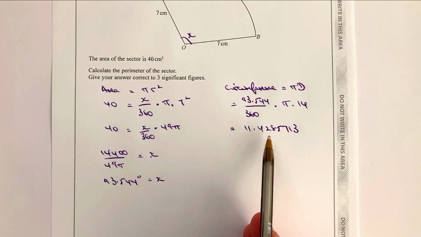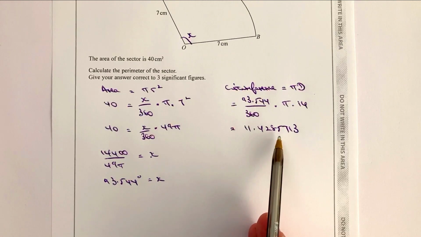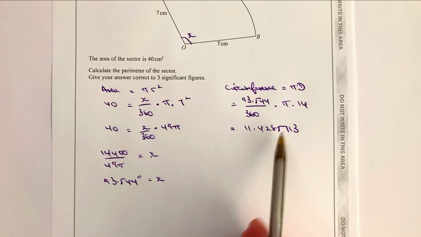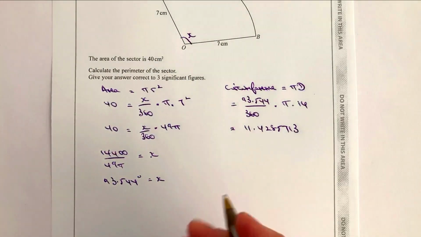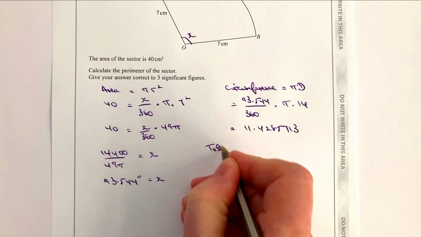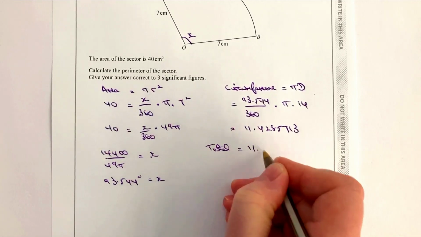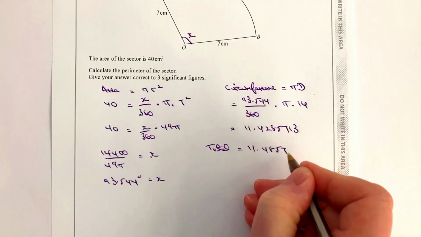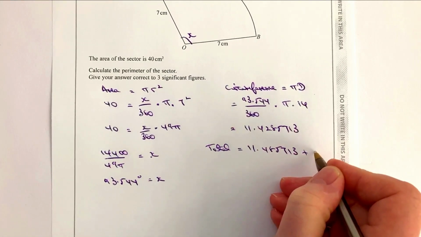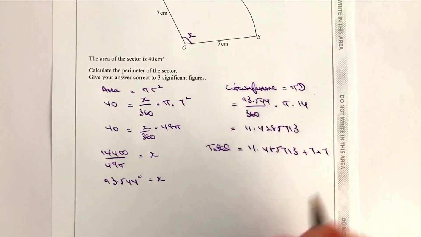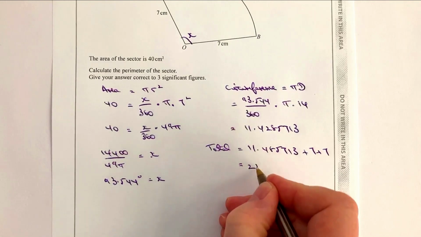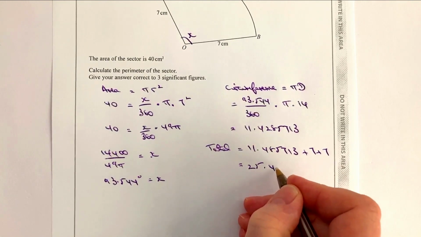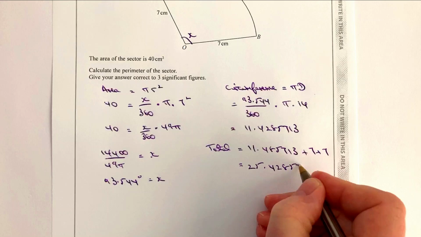Okay, so the question is asking us to work out the total perimeter. Now, just be very careful, because this is only the length of the actual arc. We've got to also add on these two pieces here. So the total perimeter is going to be equal to 11.428571 plus 7 plus 7, which are these two lines, and that's going to give us a total of 25.428571.